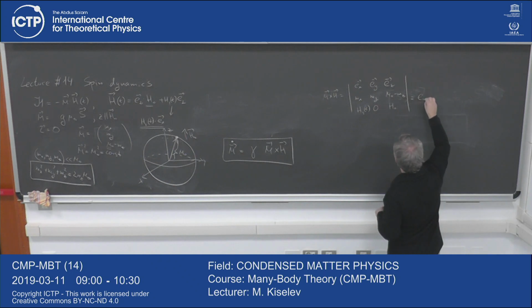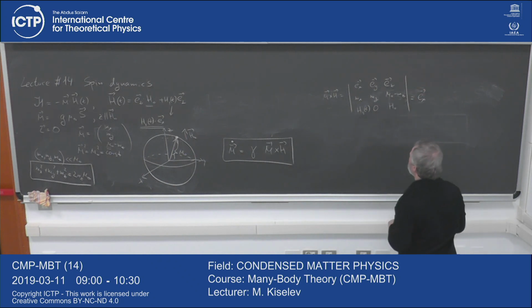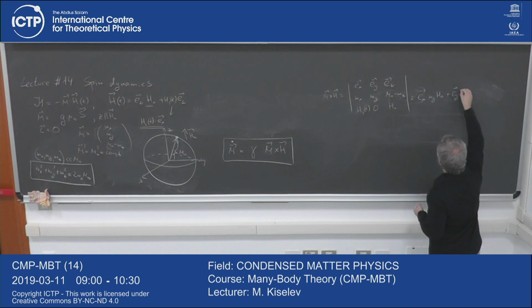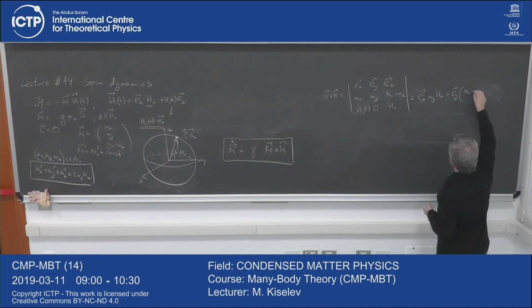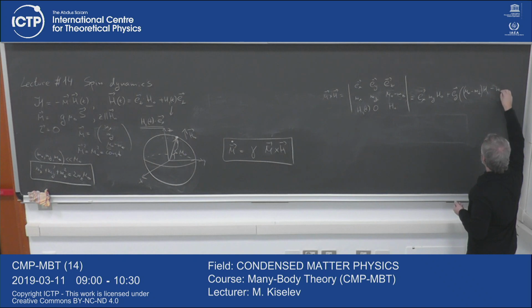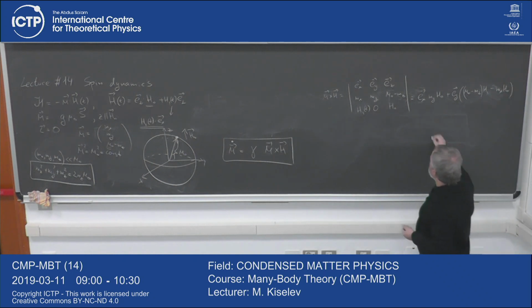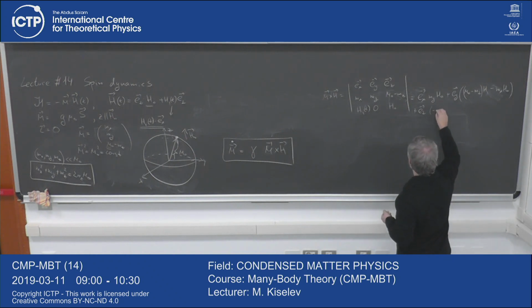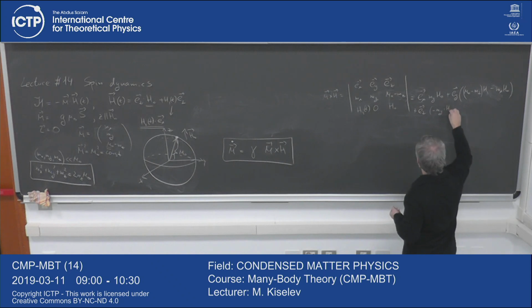So this is ex times my h node plus ey times m node minus mz times h1 minus mx times h node plus ez times minus my times h1.